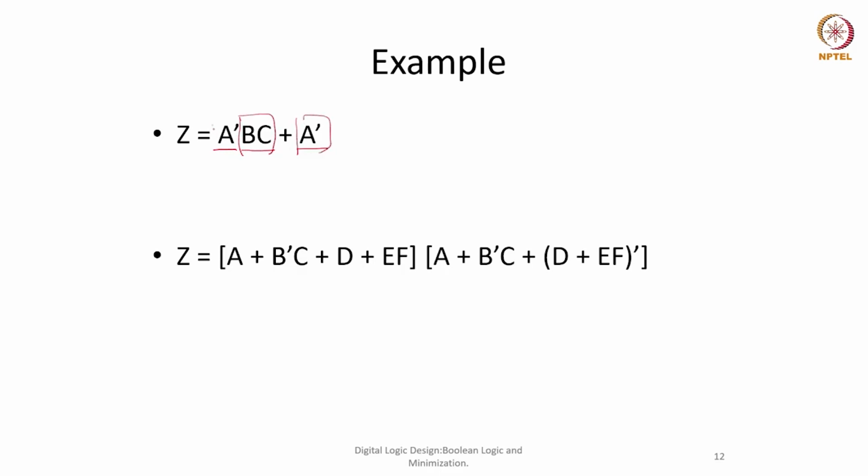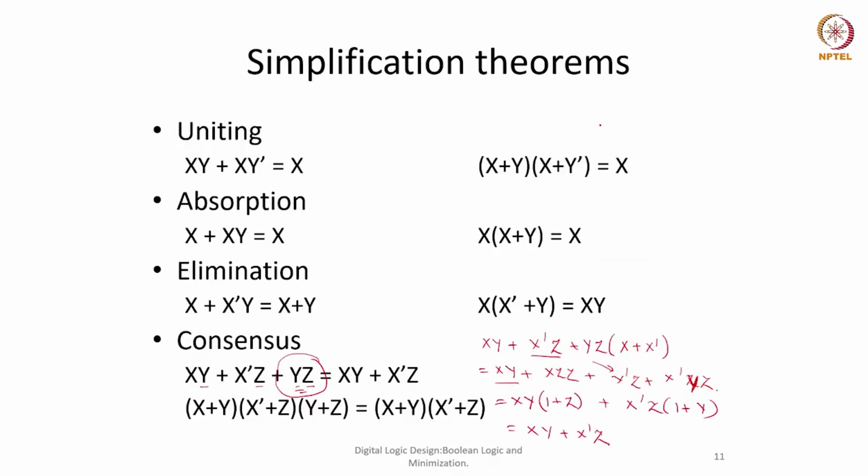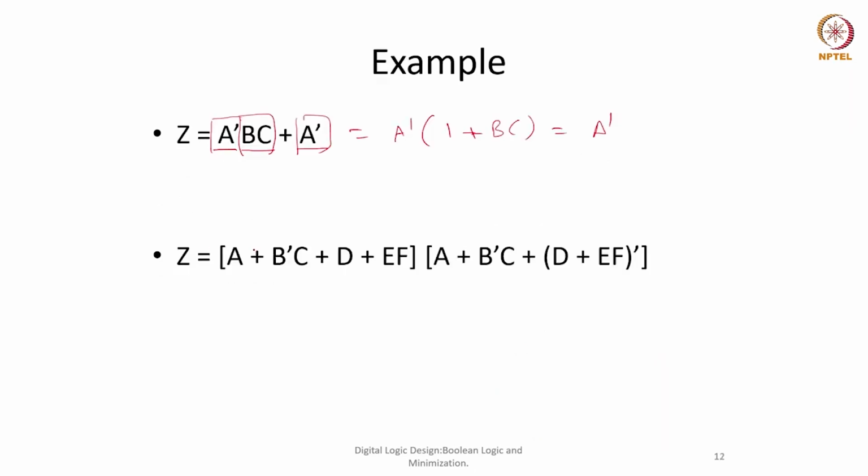So I can also say this is a dash times 1 plus b c, which is equal to a dash. In other words, I can simply use the absorption theorem, and using the absorption theorem I am saying that this b c can be eliminated easily.